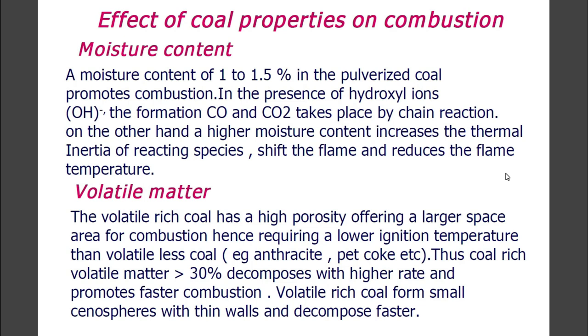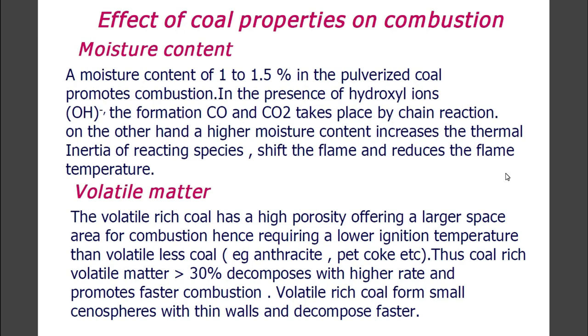The effect of coal properties on combustion. Moisture content: a moisture content of 1 to 1.5% in the pulverized coal promotes combustion. In the presence of hydrogen, the formation of CO and CO2 takes place by chain reaction.